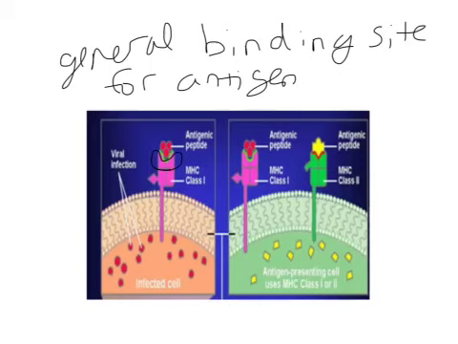What they do is help bring the foreign material up to the surface of a cell. So if you have a cell that's been infected and has lots of pathogens in it, they take those antigen pieces, those pieces of the foreign invaders, and push them up through the cell membrane to show them to the other cells so they can help take care of it.